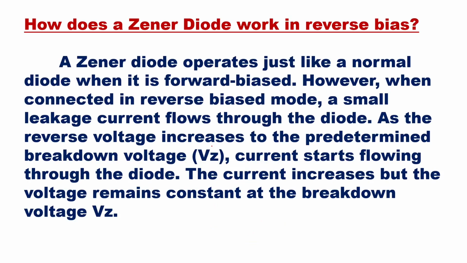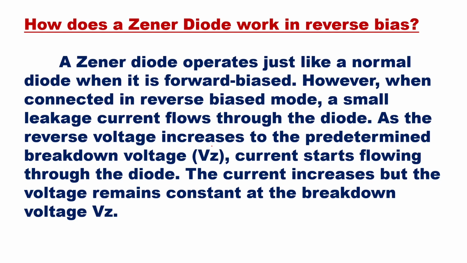Then how does the Zener diode work in reverse bias? Why is it important? Now we have studied the forward biasing and reverse biasing of PN junction diode. Similarly, you can forward bias and reverse bias a Zener diode also. A Zener diode operates like a normal diode when it is forward biased.